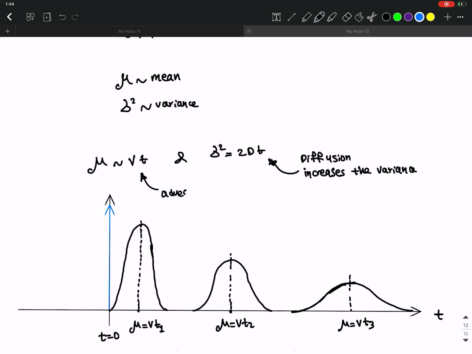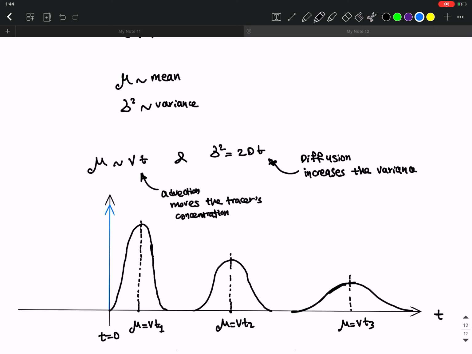advection moves the tracer, right? Moves the tracer's concentration.